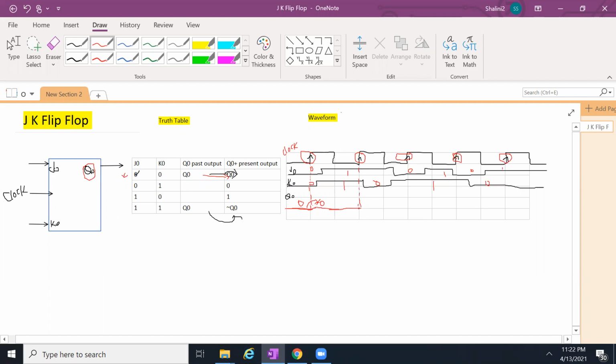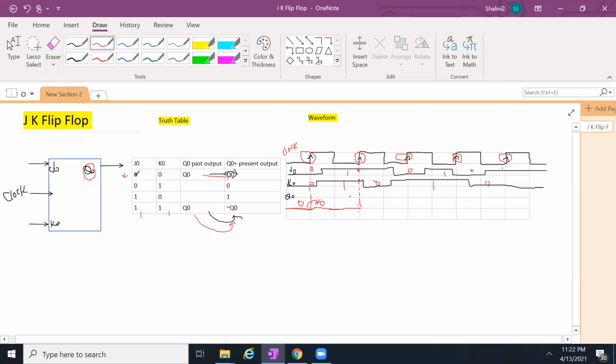At this point, we need to look into the J0 input and K0 input. Here we have 1 in J0 and 1 in K0, so both are 1. We already discussed that whenever J is 1 and K is 1, it will toggle the past value.